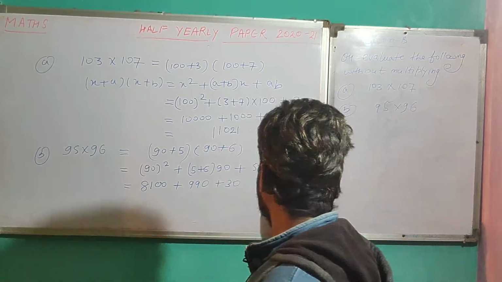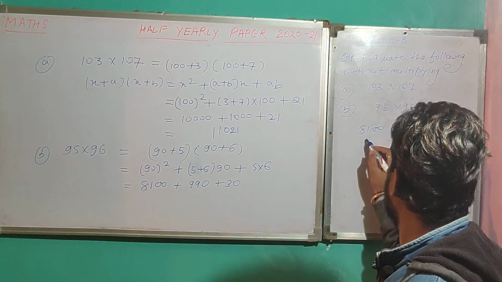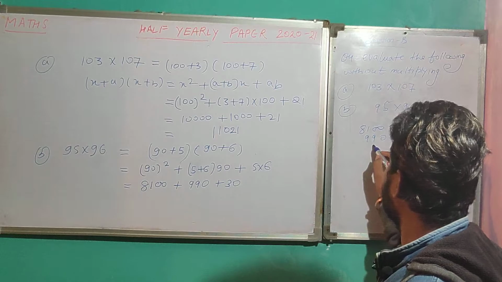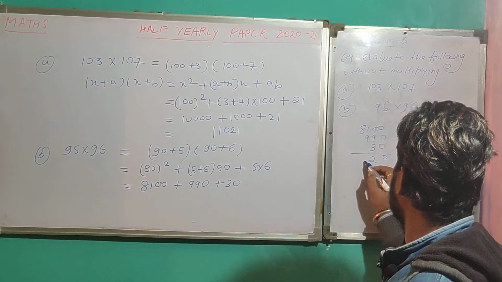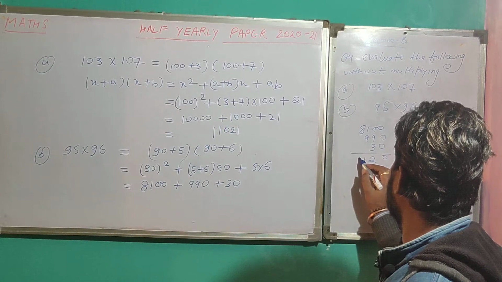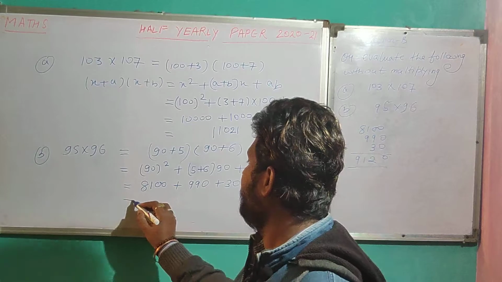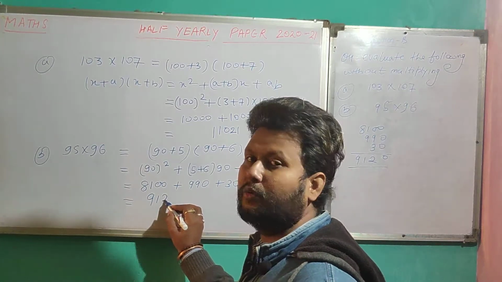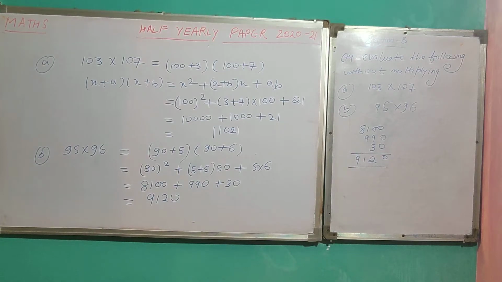Okay, on adding 8100, 990, 30, we get 9120 as answer.